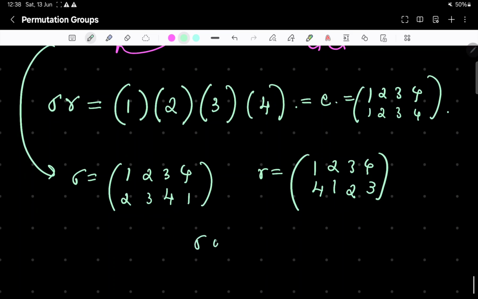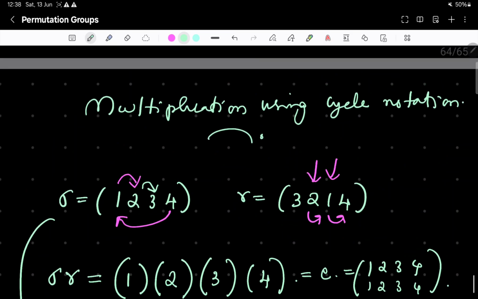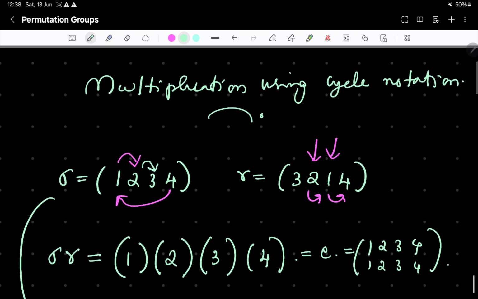Okay, then sigma dot gamma in our basic notation, we can see 1 goes to 4, 4 goes to 1, 2 goes to 1, 1 goes to 2, right? 3 goes to 2, 2 goes to 3. Correct, it is identity. So they are both inverses.